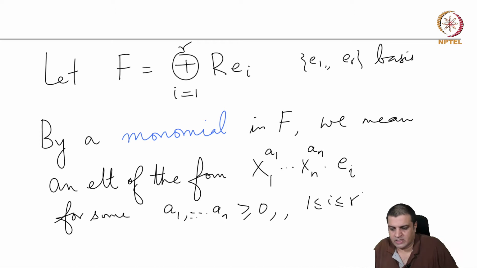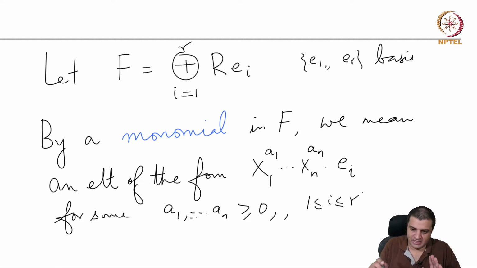Okay. So this is what we mean by a monomial in F. Okay. So it's exactly like a monomial in S, in the polynomial ring R.